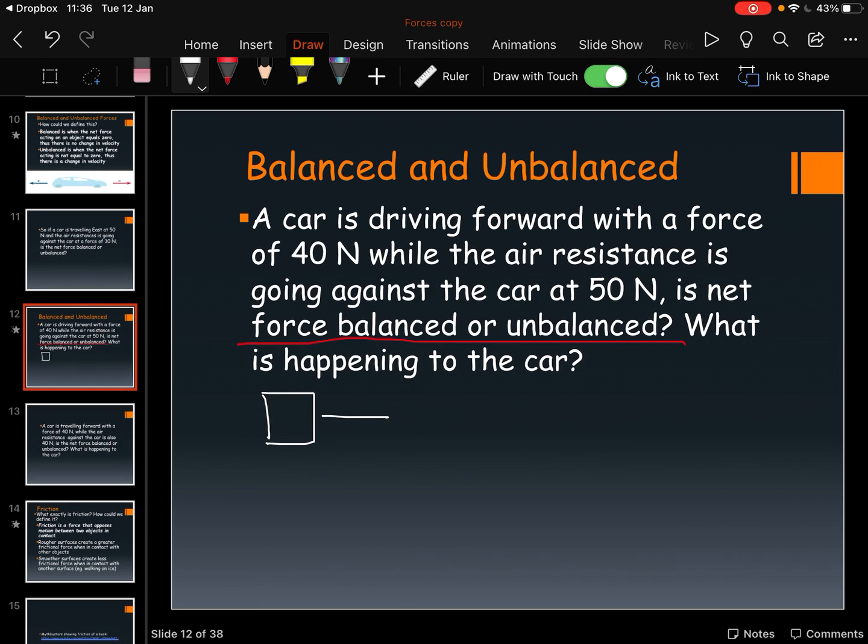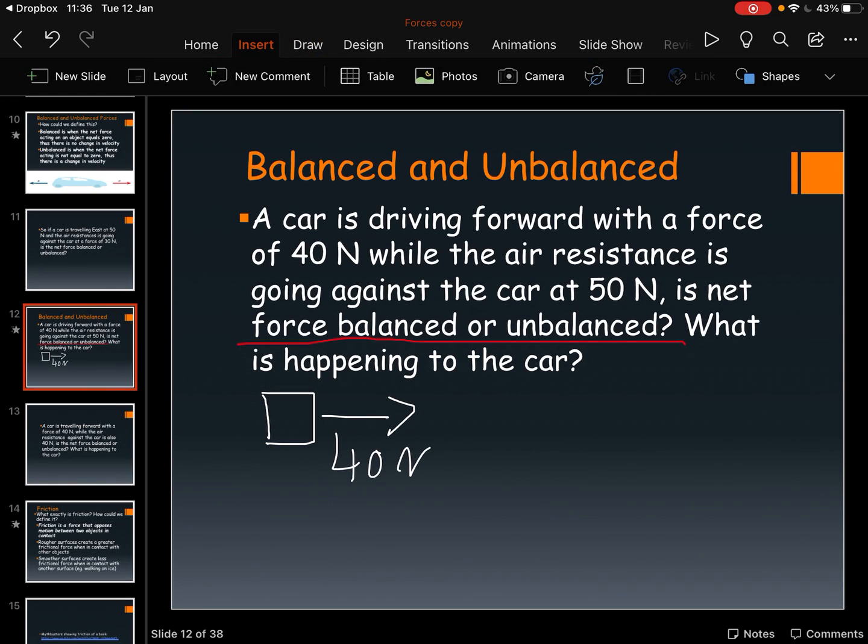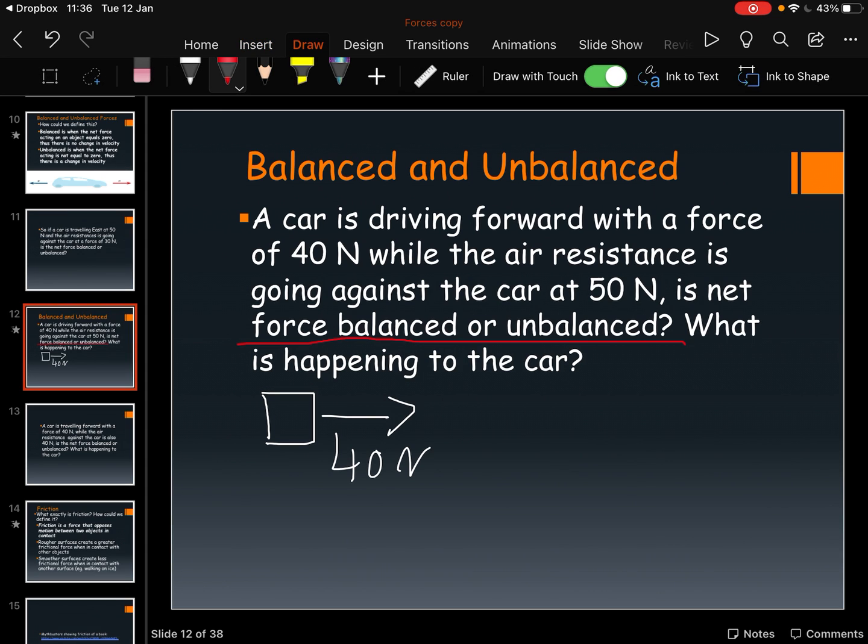So we have a car, and the car is traveling forward with 40 newtons. I'm going to have to get a new Apple Pen. This one's very bad. And the breeze is coming against us with 50 newtons.